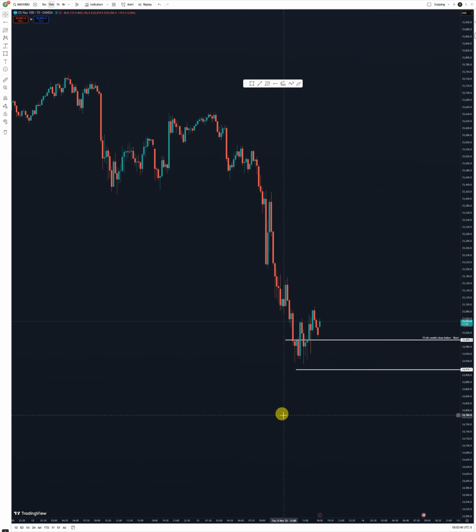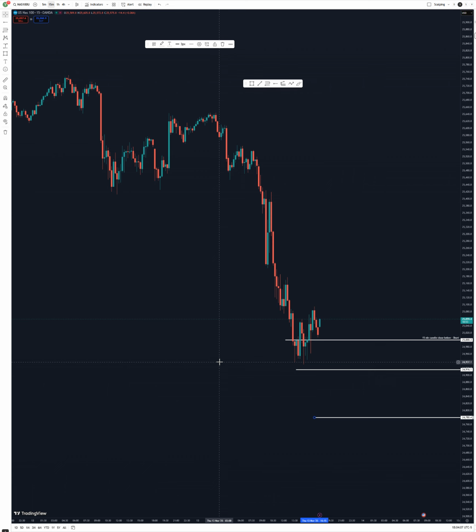I didn't click on it. All right, 24,780, right there. Those will be target 1 and target 2 for profit taking. And this is my second setup. Again, you choose whatever is best for you. I like to look at both. Whatever pans out, I'll definitely take advantage of it. But this is the breakdown for tonight.